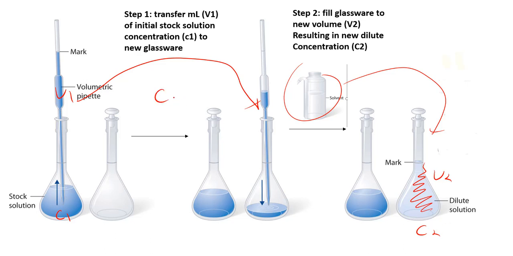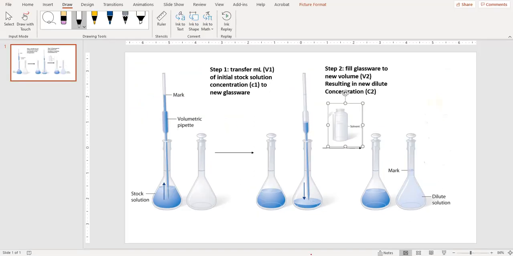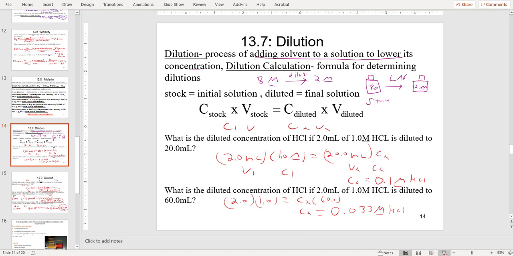In summary, it's C1, V1, C2, V2. Looks very similar to Boyle's law, the gas law equation. And we use this to figure out the amount that we're going to transfer and our final concentration. Let's go back to the other slides.